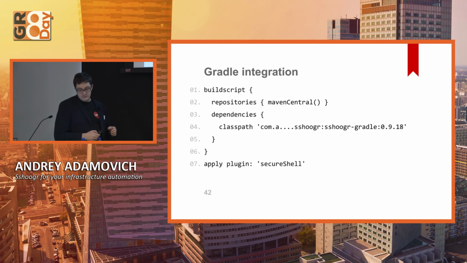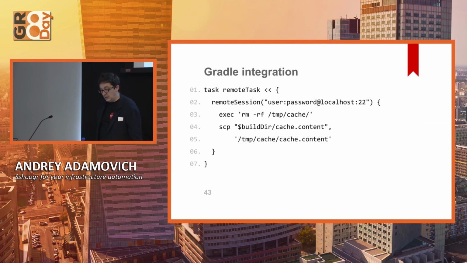So there is a plugin for Gradle called Sshoogr, and the way to import it is pretty similar to a lot of plugins. You just have to specify apply plugin secure shell. When you apply the plugin in your Gradle build, you get the whole Sshoogr DSL available inside your Gradle build. So inside your tasks, you can call Sshoogr DSL methods in the same way you would call them from a script.